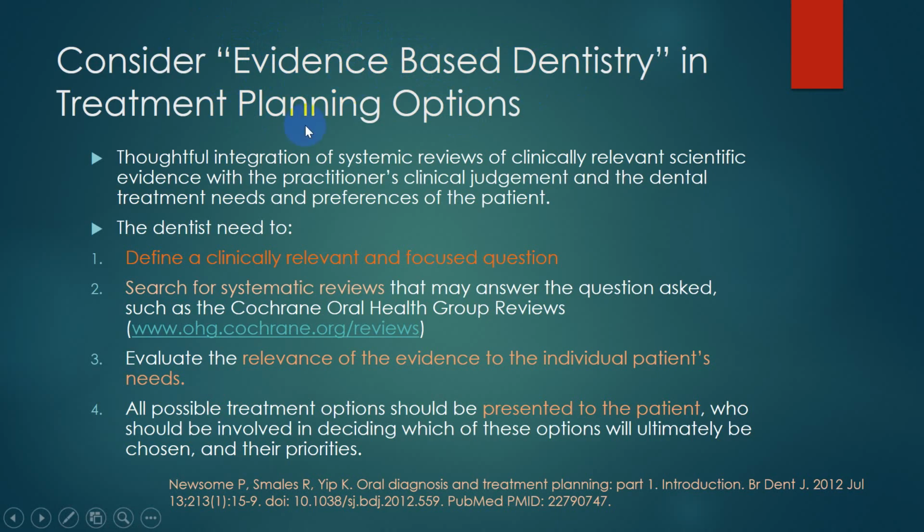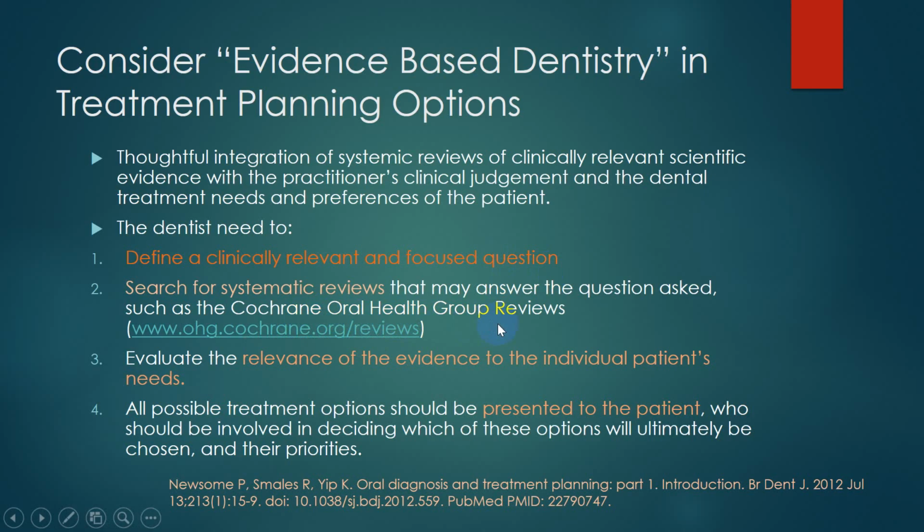First, to search for this evidence, you need to formulate a question. Like when we search in Google, you need a keyword, you need to formulate a question, and then you search for it. It's better to search in scientific reviews or Cochrane Oral Health Group reviews.